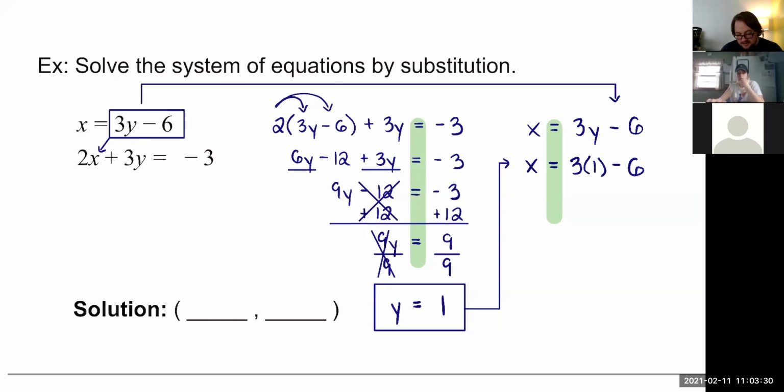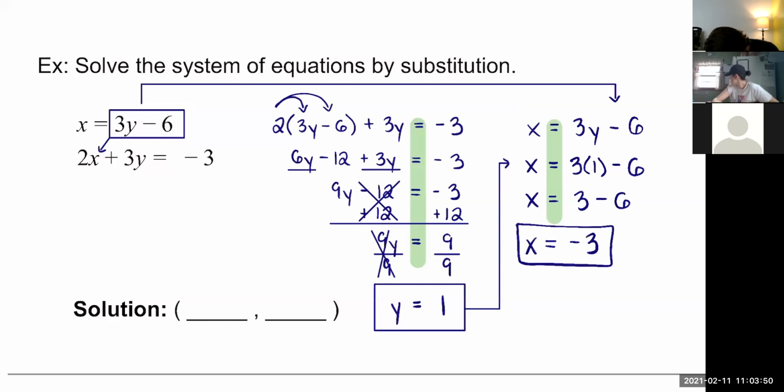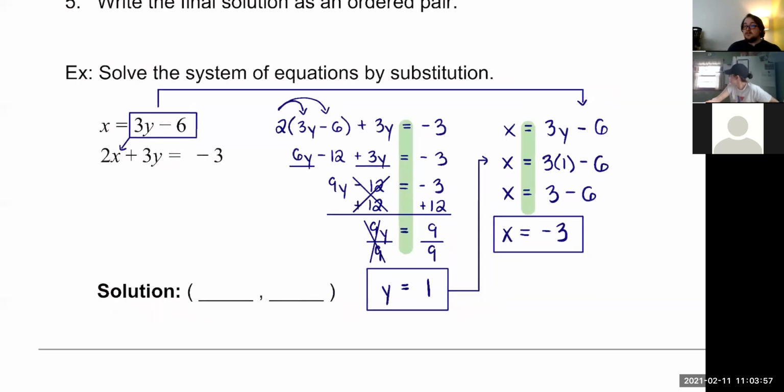That's nice. That's what I'm still looking for. But on the right-hand side, we have some cleaning up to do. Would you do that multiplication first? Yes. Okay. So 3 times 1 is 3. Minus 6 and x equals negative 3. 3 minus 6 gives me a negative 3. And the solution would be negative 3, 1.